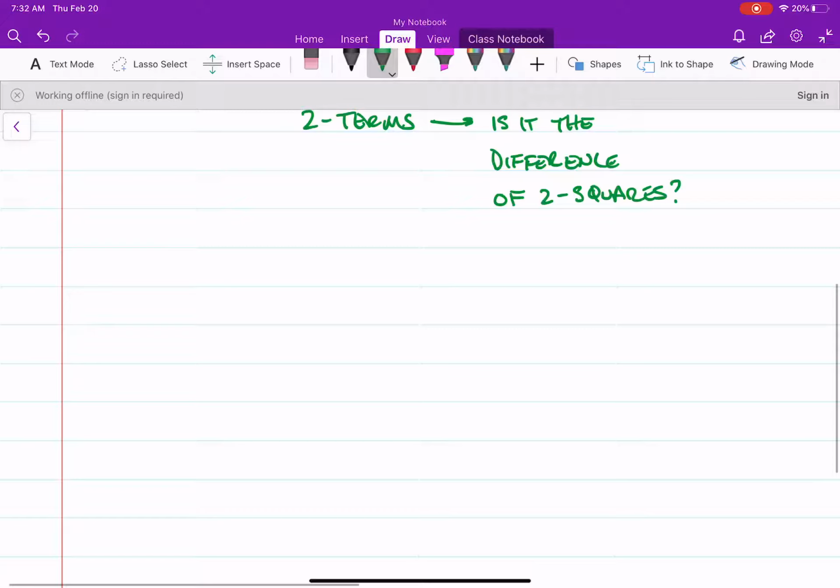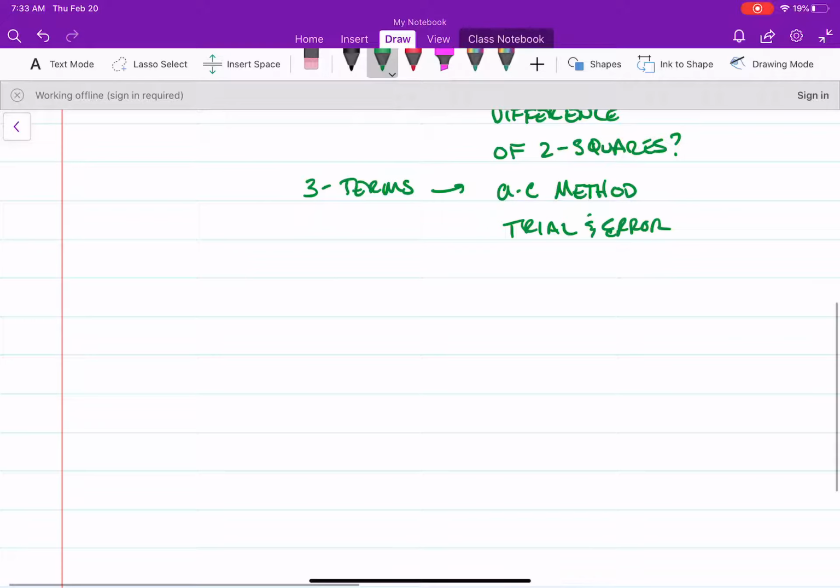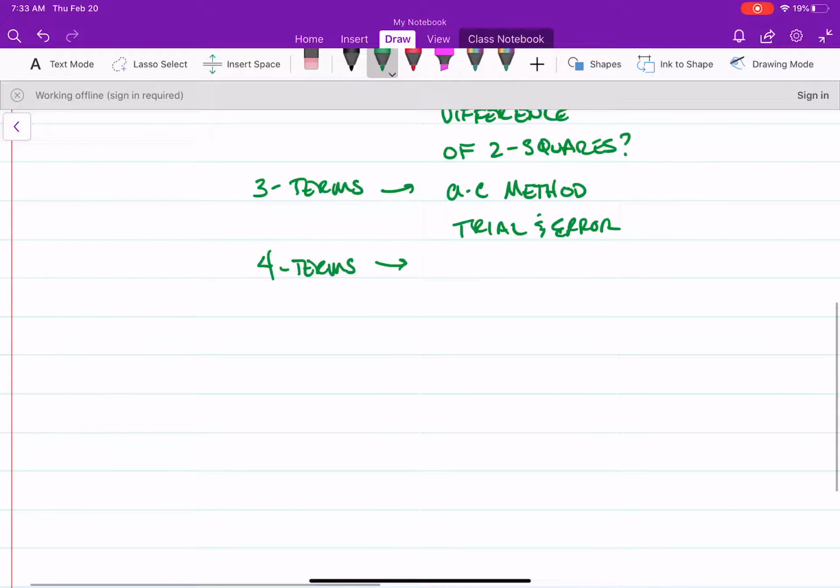It could be 3 terms. We would do the AC method, or trial and error. And if it's 4 terms, then we would do factor by grouping.